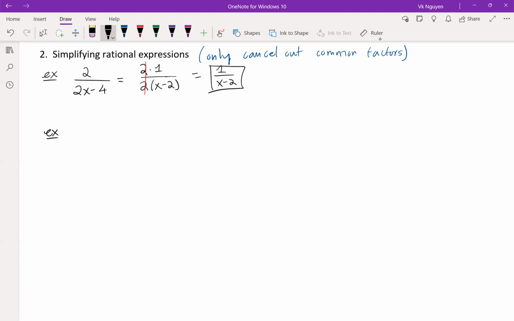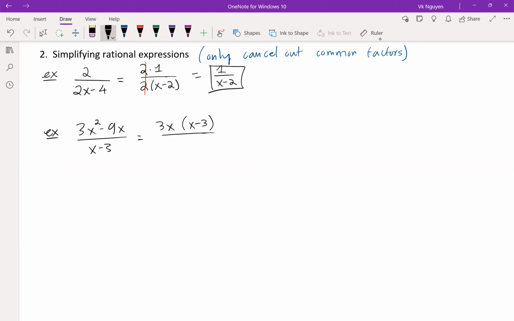Another example. 3x squared minus 9x over x minus 3. We can factor the 3x, that is the GCF, from the top. We have 3x times (x minus 3). On the bottom, we need a product of factors.